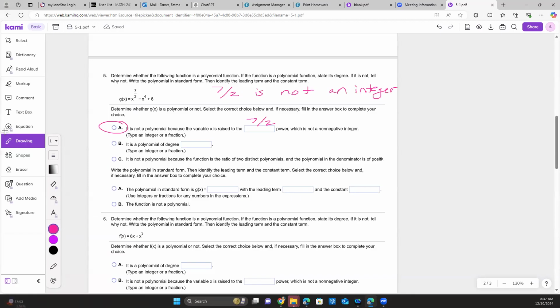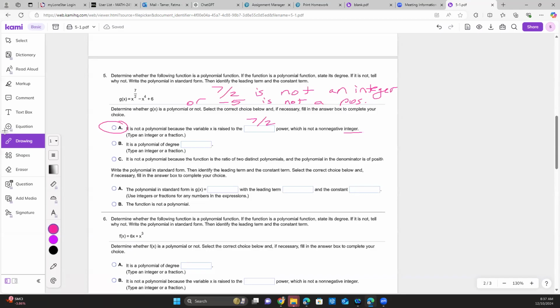Whenever one of your x has a fraction like this, your function is not going to be a polynomial function. Or whenever your x has a power like -5, then it will not be a polynomial function because it's not a positive number. So rule number 1, the powers have to be positive numbers, and rule number 2, they have to be integers, whole numbers. Okay, so we're going to choose A.